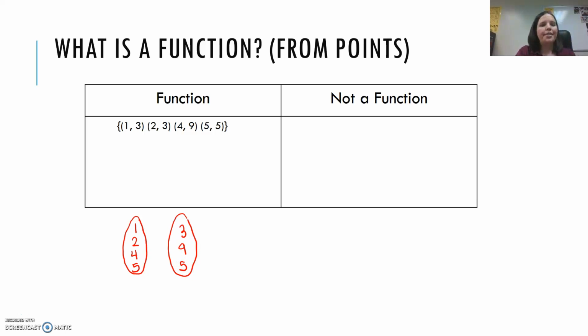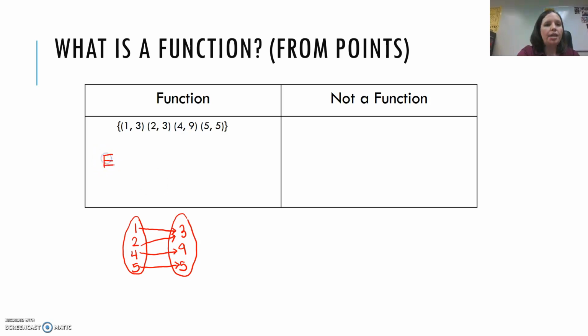For it to be a function, each input maps to only one output. So 1 to 3, 2 to 3, 4 to 9, and 5 to 5. This would be considered to be a functional relationship.